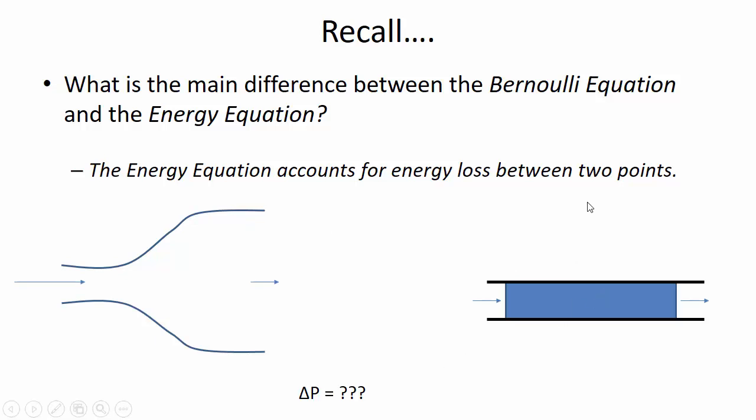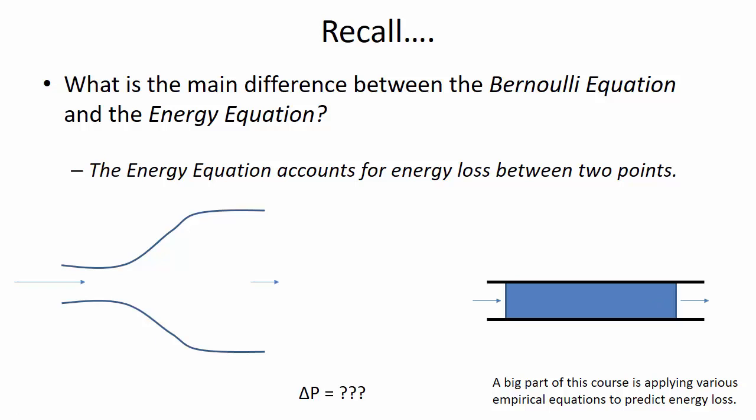And we'd use either equation to predict a pressure change, but Bernoulli's equation would really only be the pressure change that's occurring due to convective acceleration. Now, a big part of what we do in this course is applying empirical equations to predict how much pipe friction is going to cause a pressure change, and working that into design. You know, figuring out how high the water tower needs to be to overcome the effect of pressure and energy loss.